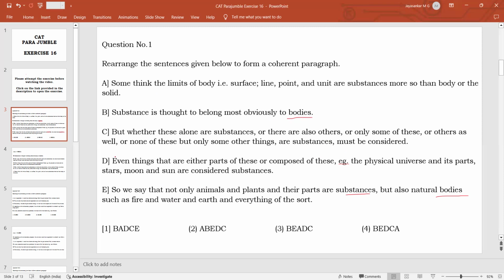So we can say that B and E form a sentence pair. First we define what a substance is, then we give certain examples of substances. All natural bodies are substances, whether animate or inanimate. Animate means animals and plants, and inanimate means fire and water.